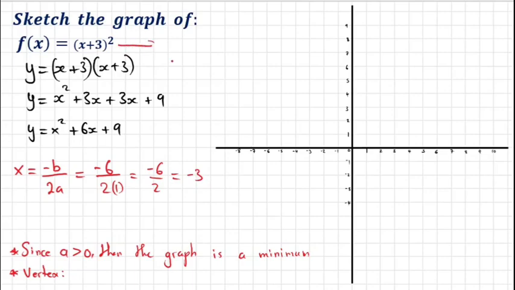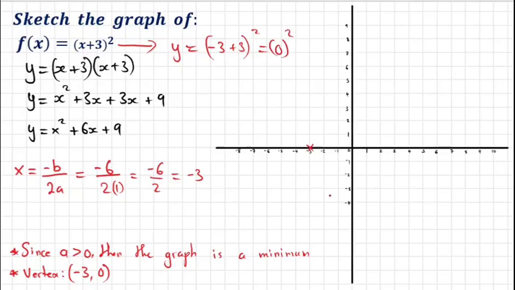So y is equals to negative 3 plus 3 squared, which is just 0 squared. So our vertex is negative 3, 0. When x is negative 3, y is 0. This means that our vertex is right here.